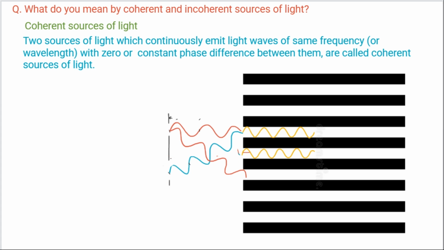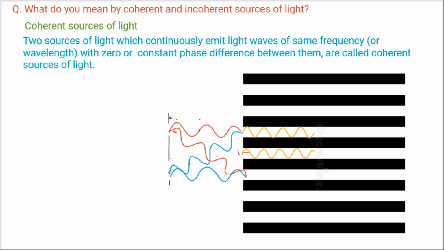This time this light has to travel a lesser distance: one wavelength, two wavelength, and three wavelength. In this case also the path difference is an integral multiple of lambda, and the phase difference is an even multiple of pi. In that case, you will get a constant phase difference.